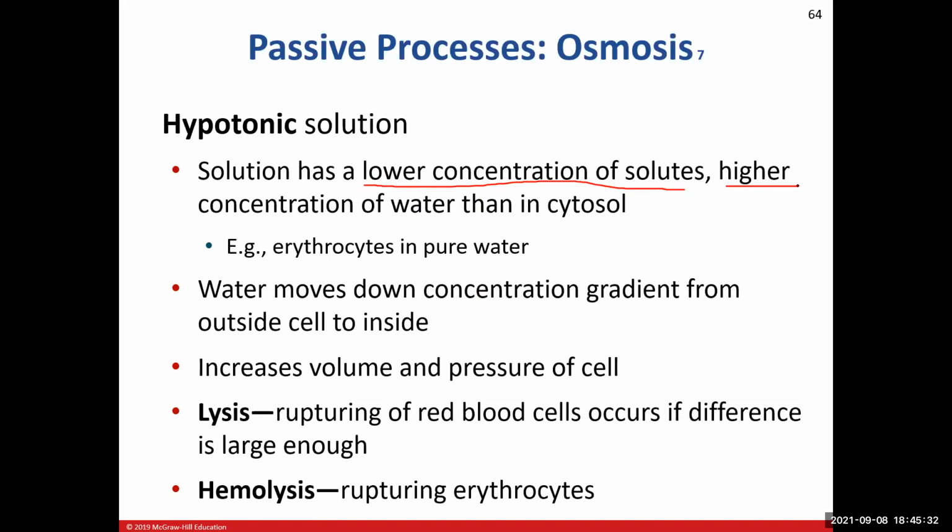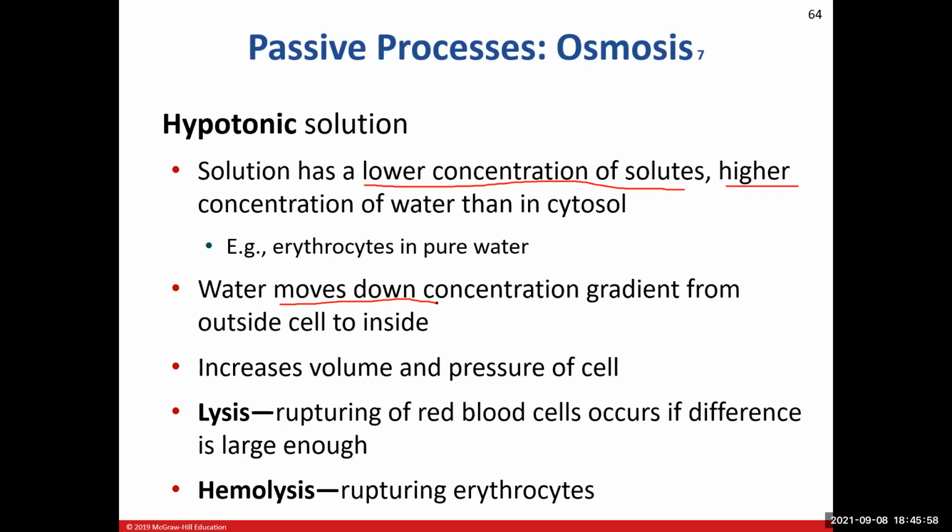Also, we can say there are more solutes inside the cell than outside the cell. So water wants to obviously move down its concentration gradient. It's going to go from an area of high water concentration to an area of low water concentration. Our higher water concentration is outside the cell. Our lower water concentration is inside the cell because there are more solutes inside the cell.